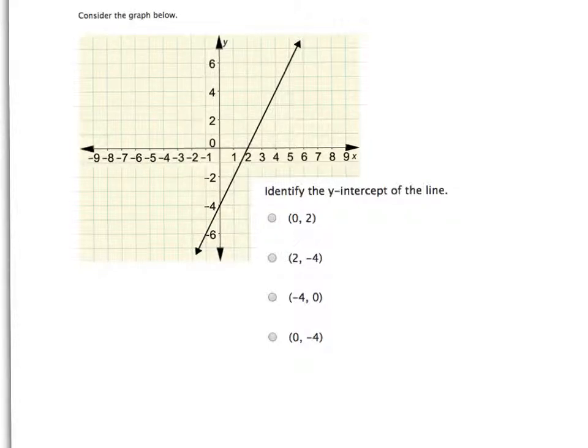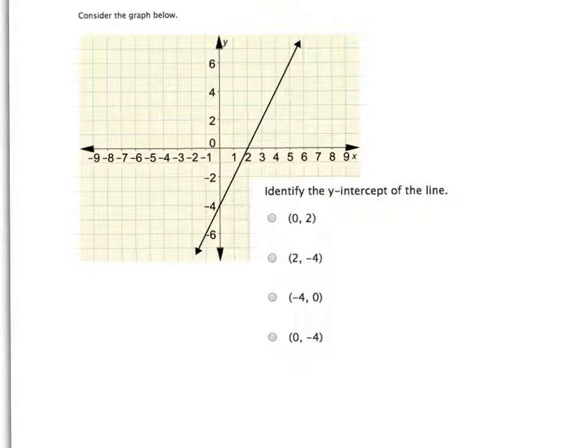So let's just do some examples of the types of problems you're going to see on your 10 marks assignment. For this first one, identify the y-intercept. Well, the y-intercept is, remember, just where the graphed line crosses that y-axis. So we can look down, it crosses right there when y is -4, but we need to put it in ordered pair form.